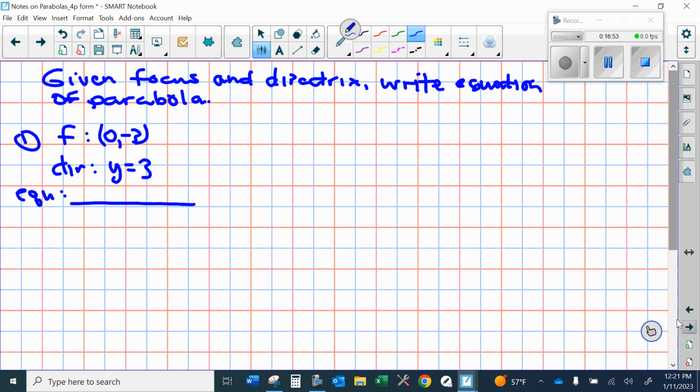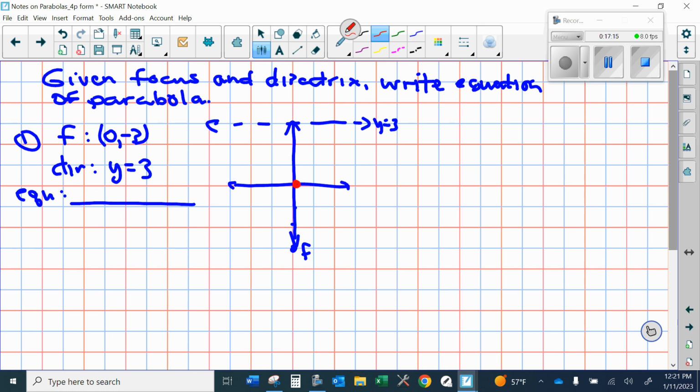Okay, now you can either visualize this, or if you have trouble with that, just go ahead and plot it. So xy axis here. Focus is 0, -3: 1, 2, 3. That's the focus. The directrix is 1, 2, 3: y equals 3 right there. I know the vertex is the midpoint between those.